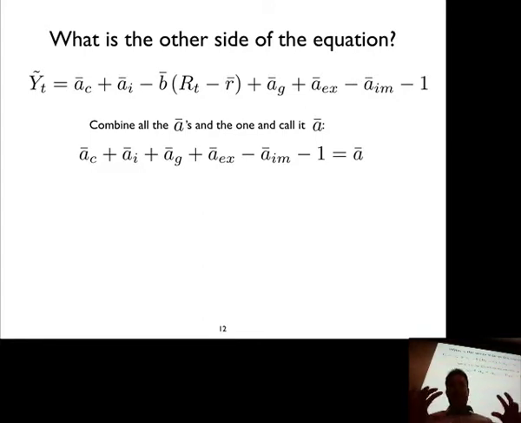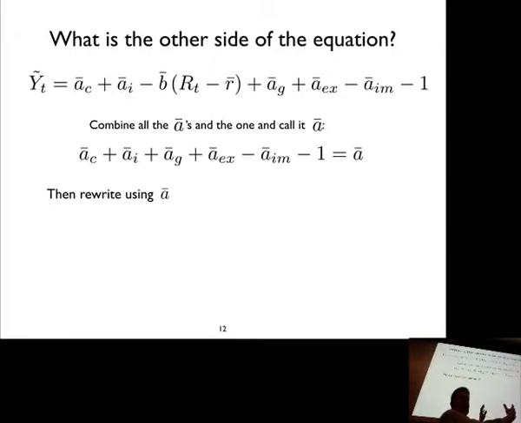It's all the a's smushed together, and that's not a bad way of simplifying because they're all very functionally similar. They are the different long-run shares of GDP that are accounted for by these different expenditure components. And now we're going to rewrite using a bar. The top line of math here has got a bar C, and then it's got this investment piece, right? A bar I minus B times (R minus R bar).